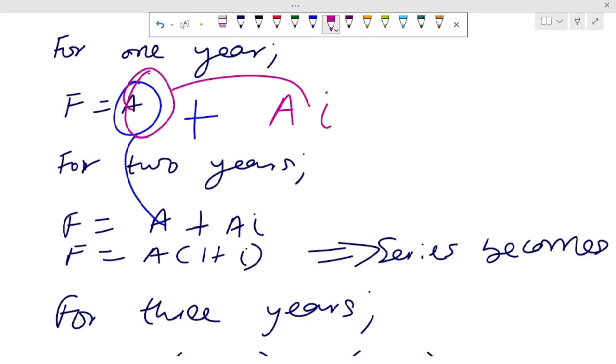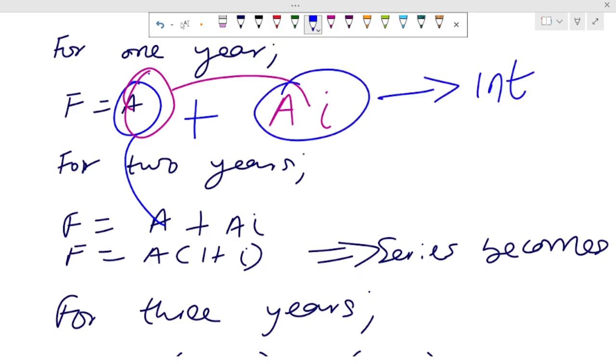If you watch the first video, you recall that this is the interest. What you get back is the money you put in plus the interest. So it's just like the first video where we talked about P and I; in this case, we're using A and I. So this is what you get for the second year: A plus AI.